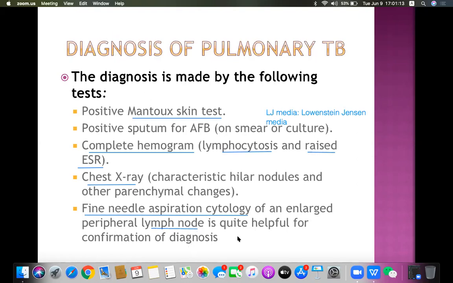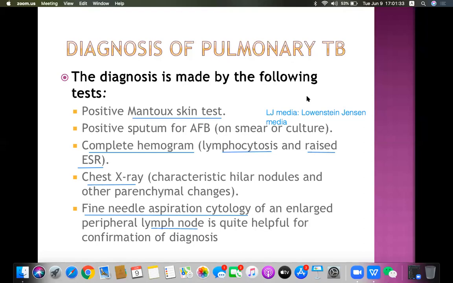So what finding will you get if you send biopsy or cytology to the lab? Anyone? What finding will you get? The finding is an easier one, which we have just studied.